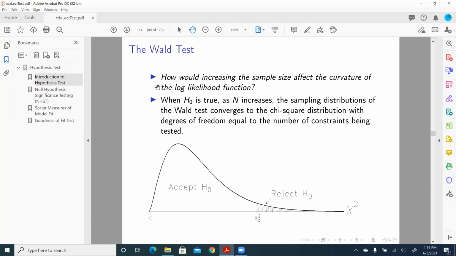So first is a question for you to think about, and second is a statement here.